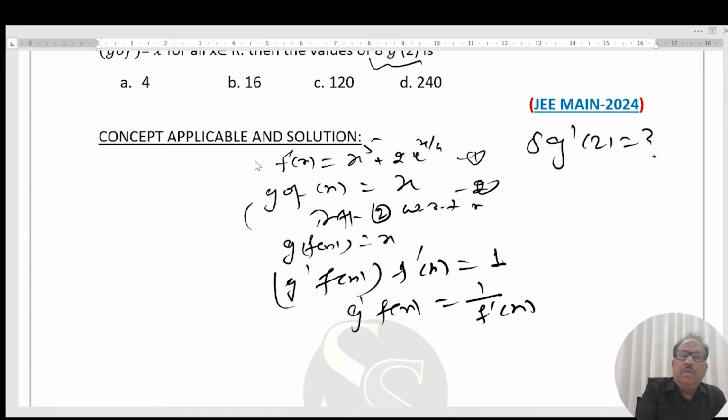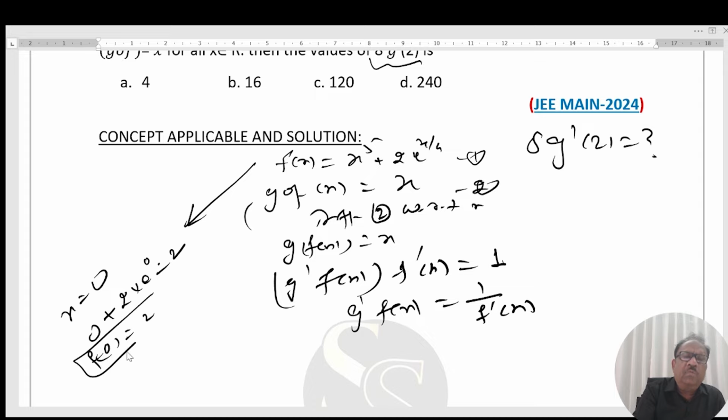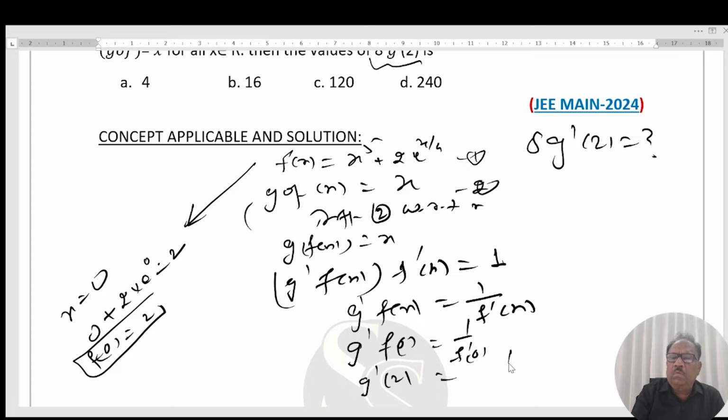So put here x equal to 0. We get 0 plus 2 into e to the power 0, that is 2. Then f(0) is 2. We can find f(1), f(2), f(3), whichever condition is satisfied, you have to stick to that. So g dash f(0) will be equal to 1 over f dash 0. g dash 2 is equal to 1 over f dash 0.